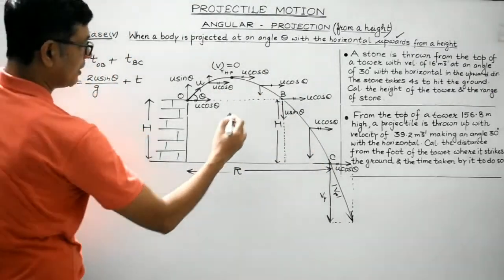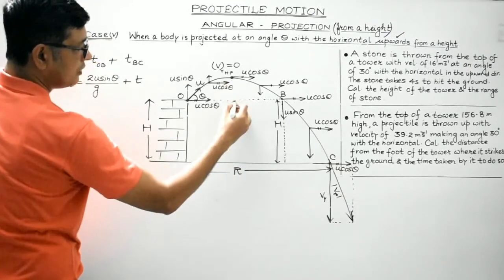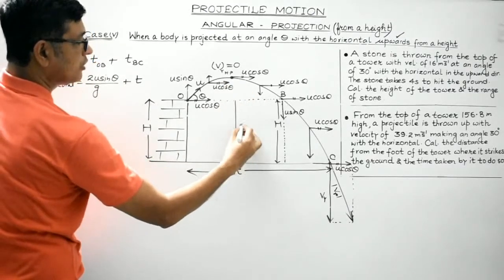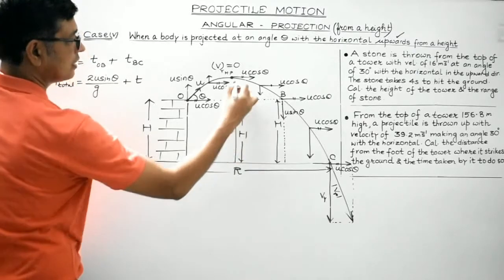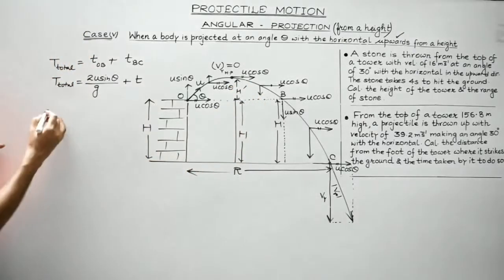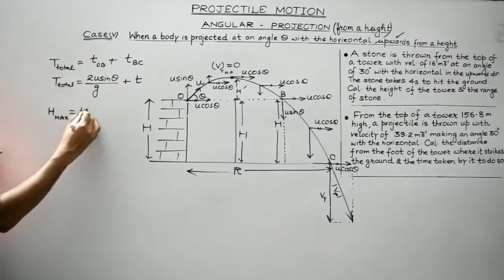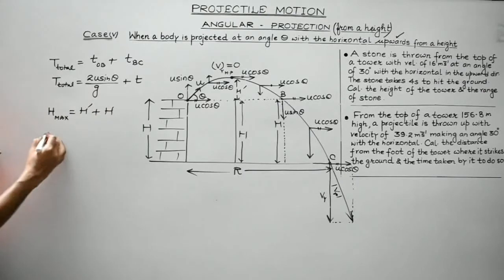What about the maximum height? This is h, this is h, and let us consider this to be h dash. So what will be the maximum height then? It will be equal to h dash plus h.